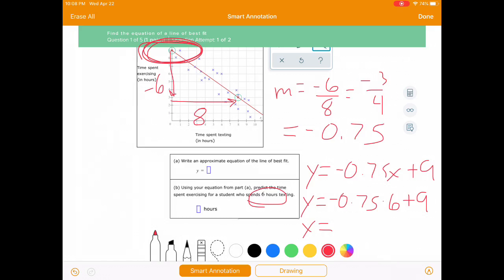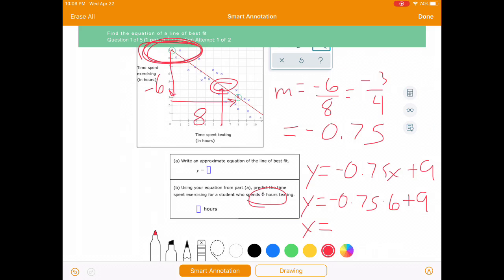So -0.75 times 6 plus 9. If you go back and look at our graph, going over to where 6 is, we're going right up here, we should get an answer somewhere between 4 and 5, or about 4.5. So let's see how close this is actually going to come here.